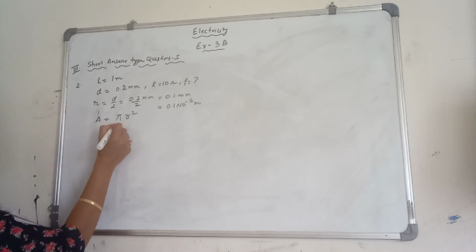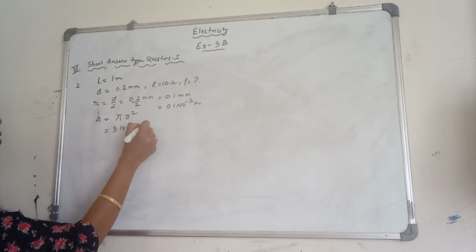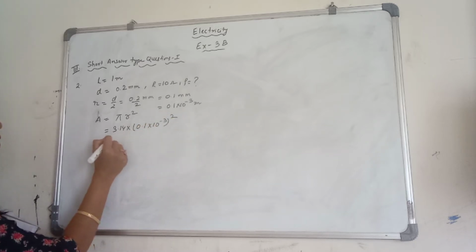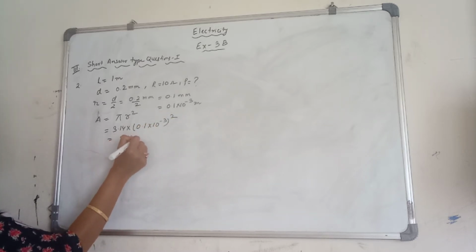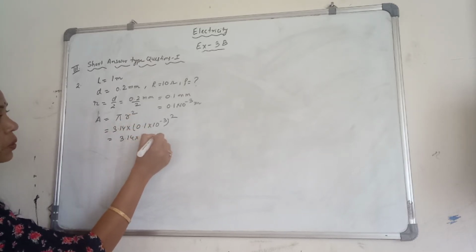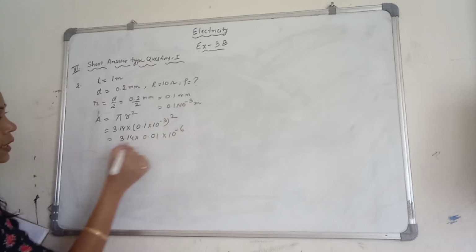So put the value pi equal to 3.14 and r is equal to 0.1 into 10 to the power minus 3, whole square. Solve it. 3.14, if you multiply 0.1 into 0.1, it will be 0.01 into 10 to the power minus 6.